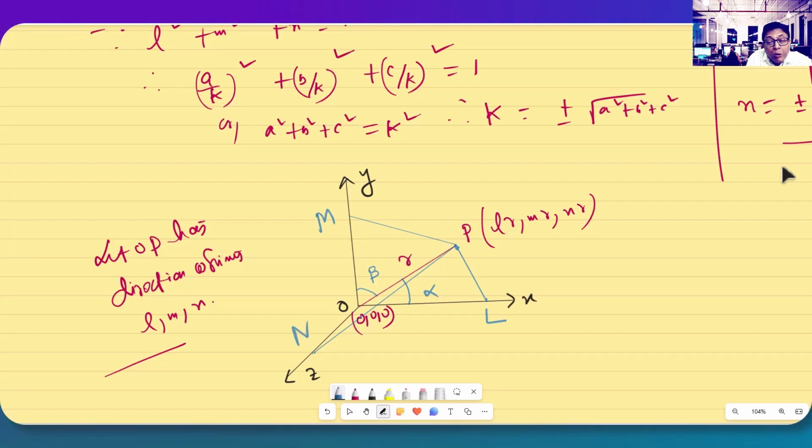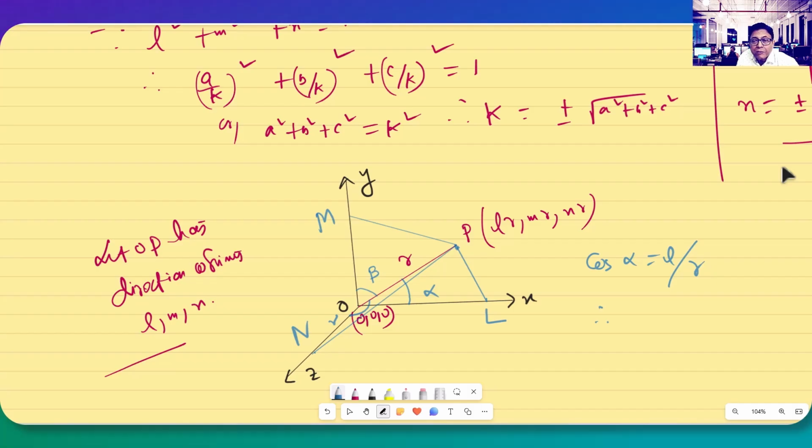Then what is gamma over there? That I have already told you. OP makes an angle gamma with the Z axis. You got direction cosine L. Then cos alpha in the diagram is what?